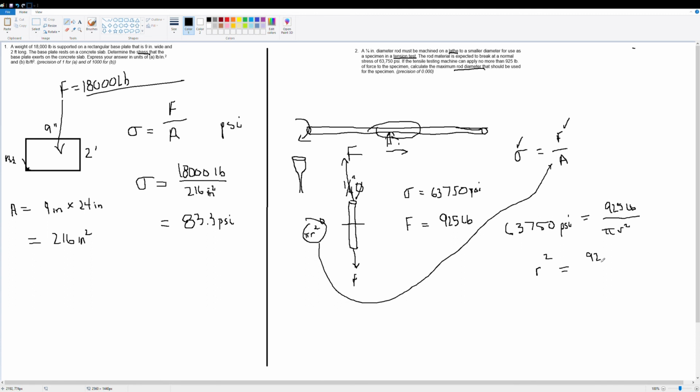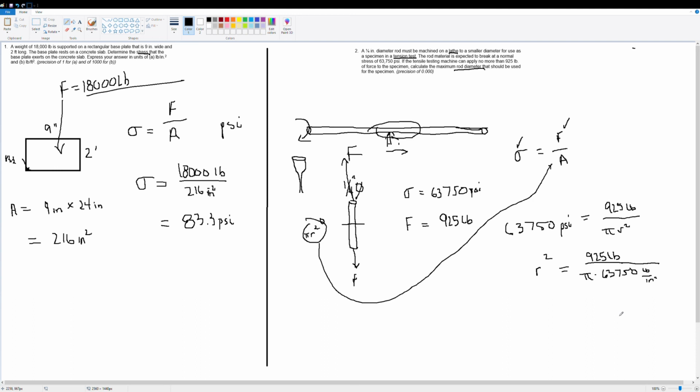925 pounds divided by pi times 63,750 psi, but I'm going to go ahead and expand that so you can see pounds per square inch.